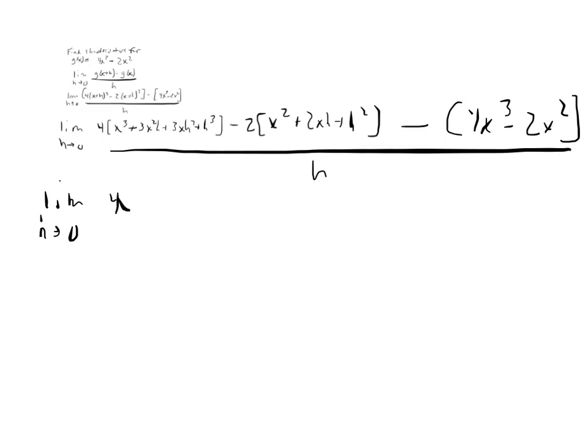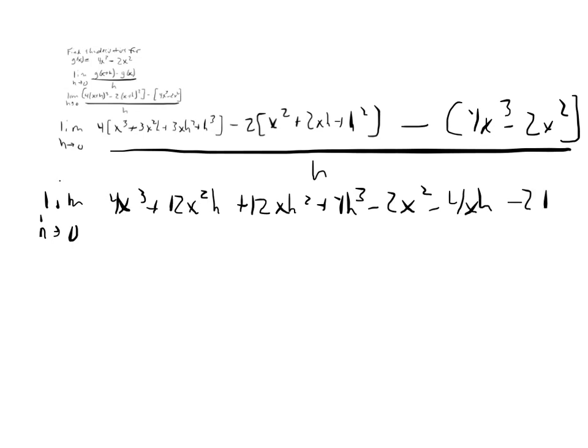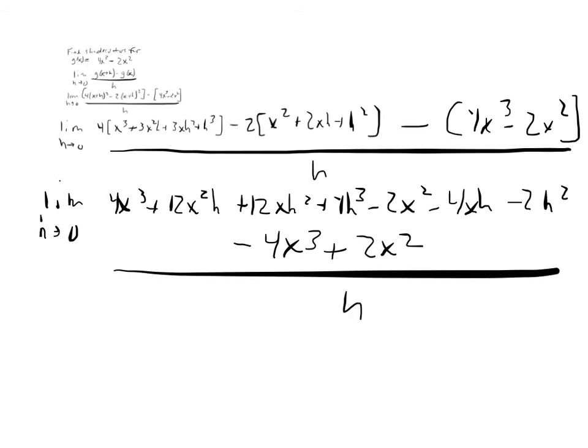And I get 4x cubed plus 12x squared h plus 12x h squared plus 4h cubed minus 2x squared minus 4xh minus 2h squared. And then taking that negative through, minus 4x cubed plus 2x squared, all over h. Well, 4x cubed and negative 4x cubed are gone. I've got a 2x squared and a negative 2x squared, gone.